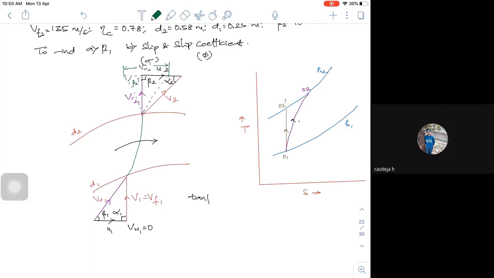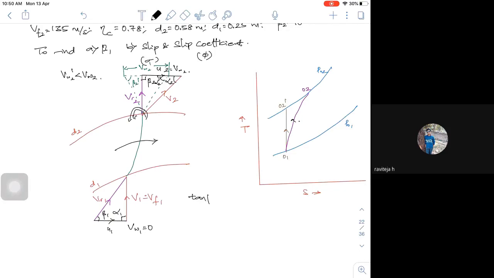Fine. So the earlier condition, U2 was equal to VW2. But in the second condition, what will happen? Because of the corresponding slip, this is alpha 2 dash, there will be a reduction, your VW2 dash will be less than your VW2. So what's going to happen here? As I told, the fluid will start moving in this direction because there will be a little bit of recirculation zones set up at the exit of my compressor.